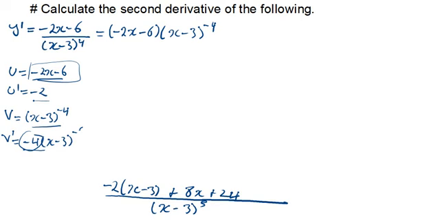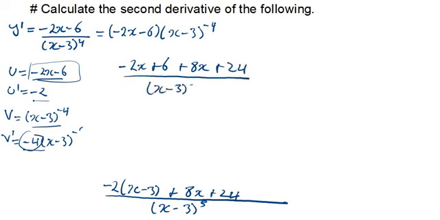Expanding that, what I'm going to get is -2x + 6 + 8x + 24 divided by (x - 3) to the power 5. So I have 6x plus 30, since 6 plus 24 is 30, divided by (x - 3) to the power 5.